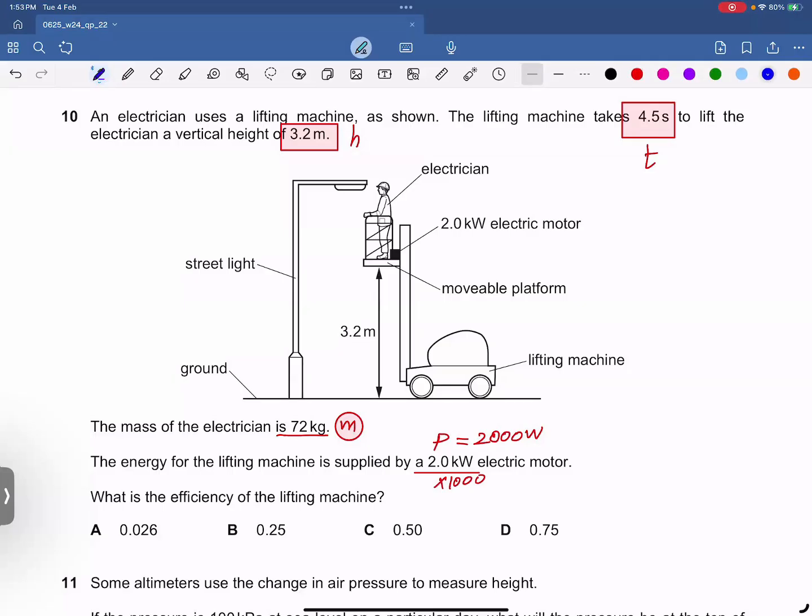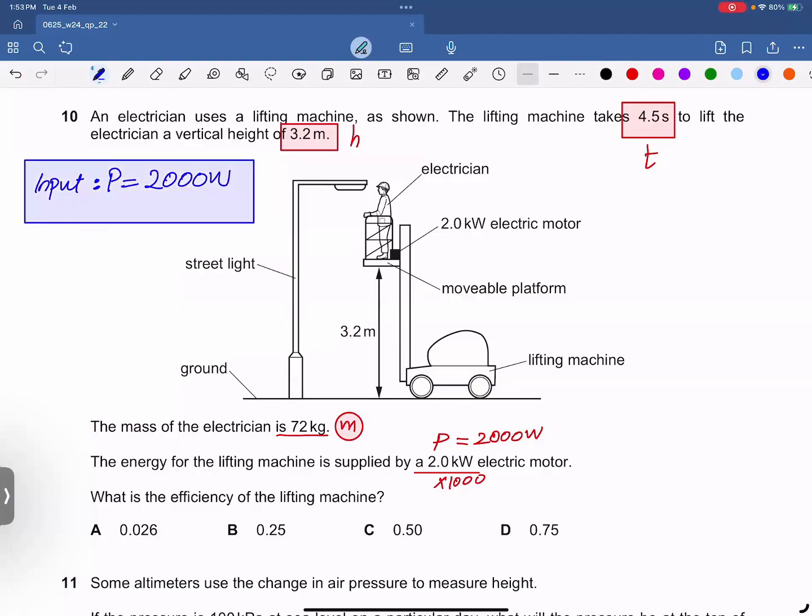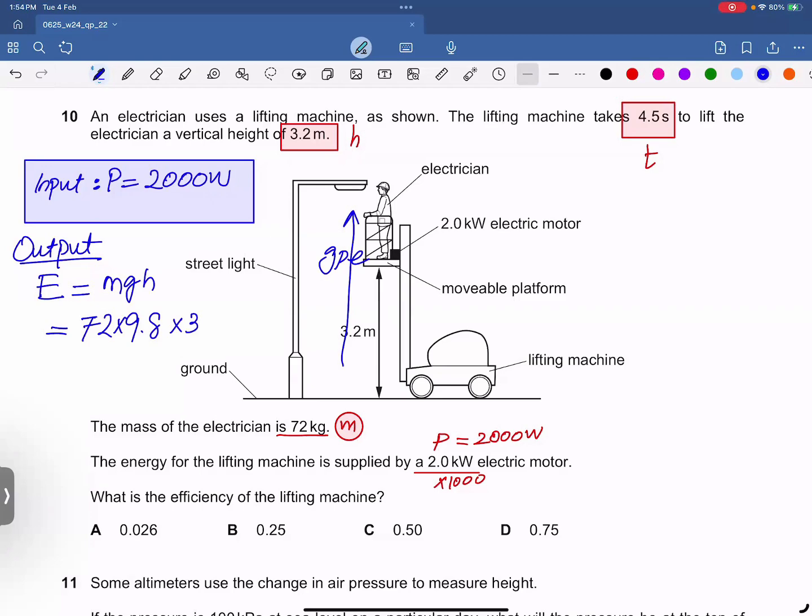For efficiency, you need the useful output and total input. First of all, input power is 2000, given. Now we go for output. For the output power, first we'll find the energy. When it goes up, it gains GPE. So GPE is mgh, which is mass 72, g is 9.8, and height they told you 3.2.